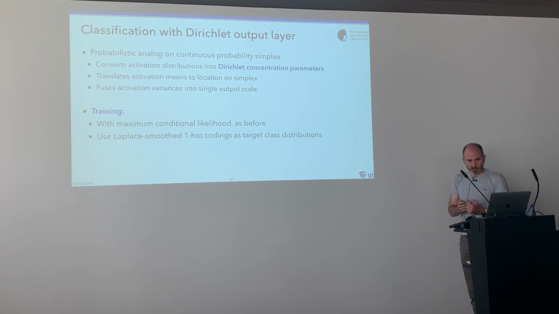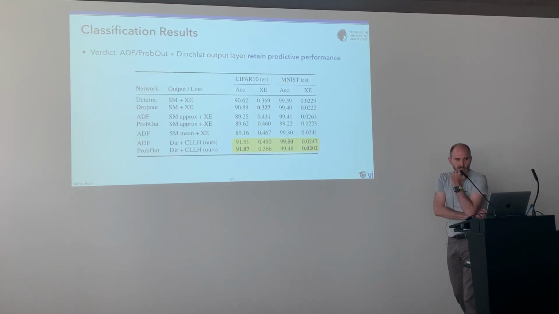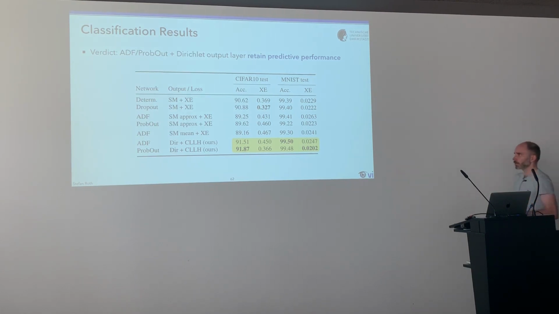So what does that give us? So again, the important question is, does it hurt predictive accuracy? Right? Getting the uncertainties right is nice and all, but we kind of don't want to get worse classification results. With the previous temperature scaling method that I presented you, there was no change in classification accuracy.